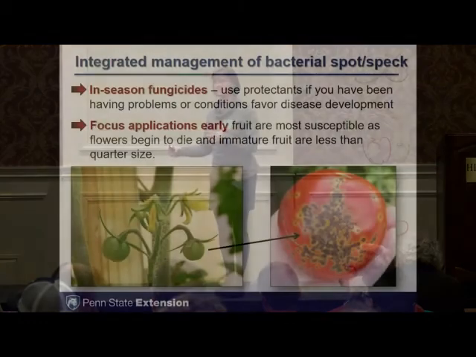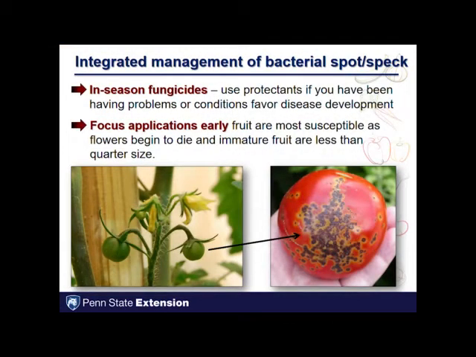Bacteria will get into natural openings and little bits of wounds. Those populations will increase, and then eventually you'll see symptoms. There's what we call a latent period between when it's infected and when you actually see the symptoms. So really focusing applications early when those fruit are small is important.